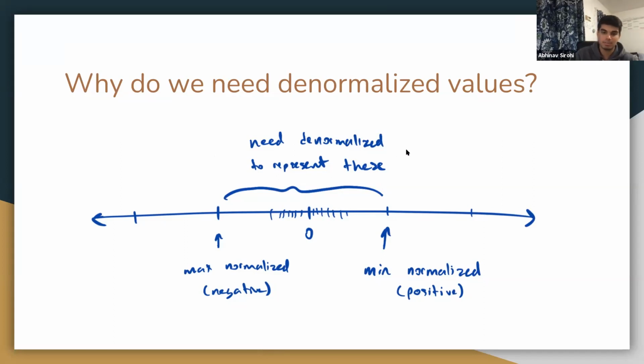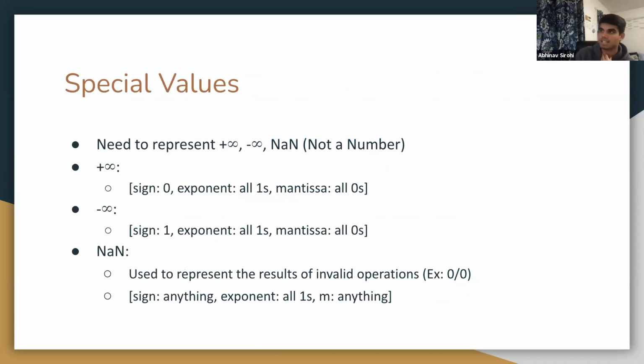And then we also have our special cases. We also need to represent 3 other things, which are positive infinity, negative infinity, and NaN, which stands for not a number.